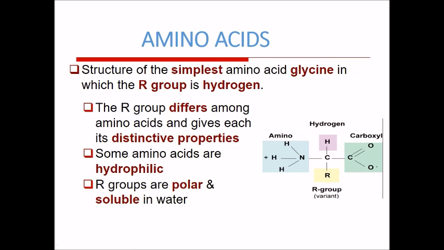The R groups differ from one amino acid to another. Actually, this R group is responsible for giving the specific properties to the amino acid. Some of the amino acids are hydrophobic, some are hydrophilic, some are acidic, and some are basic.